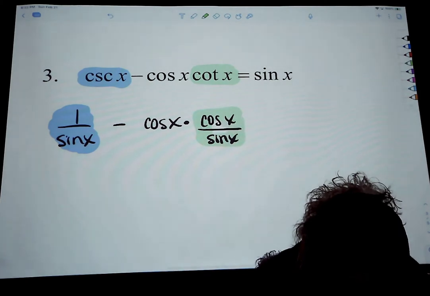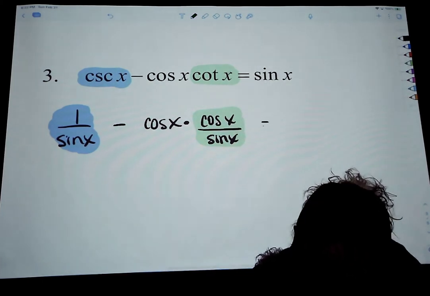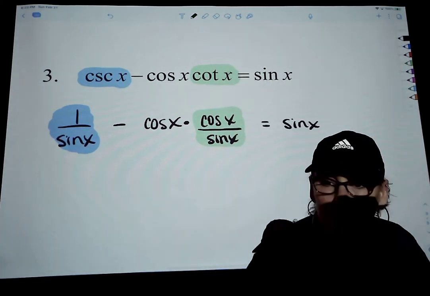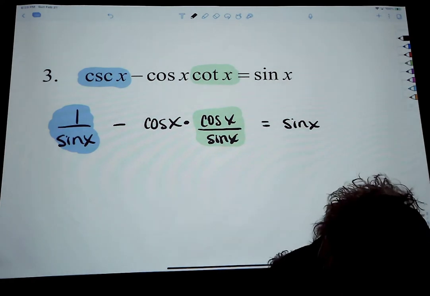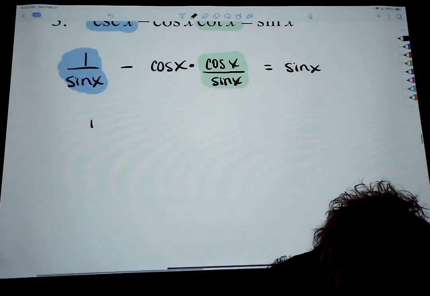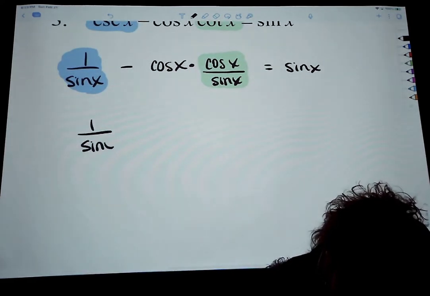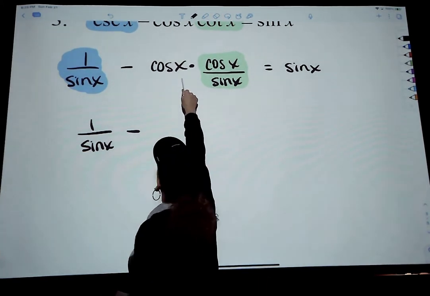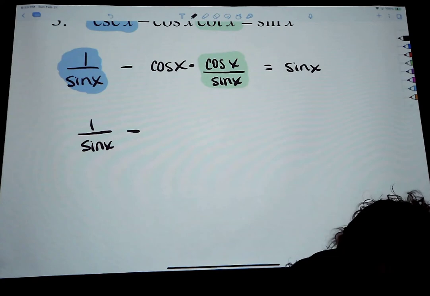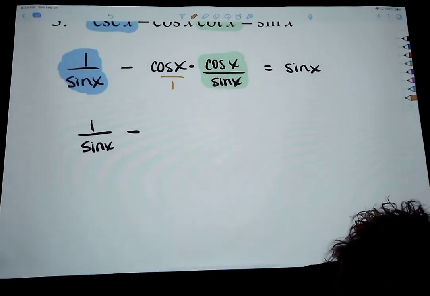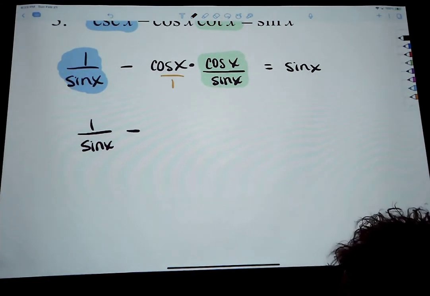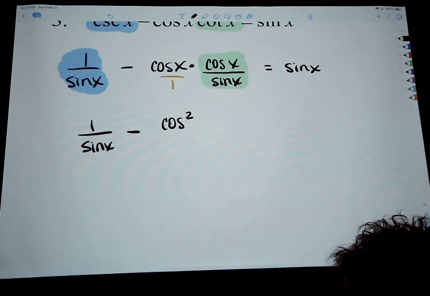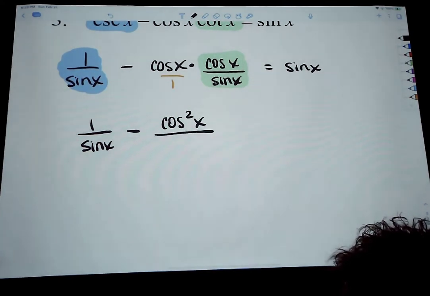I made that substitution. And then the right side, I'm just going to leave it the same. Okay, that stays the same, minus. Let's go ahead and multiply these two together. So I get cosine squared x over sine of x.